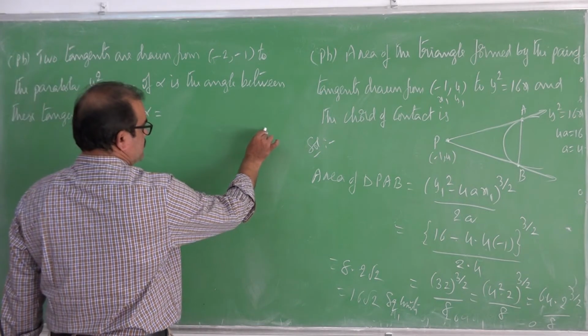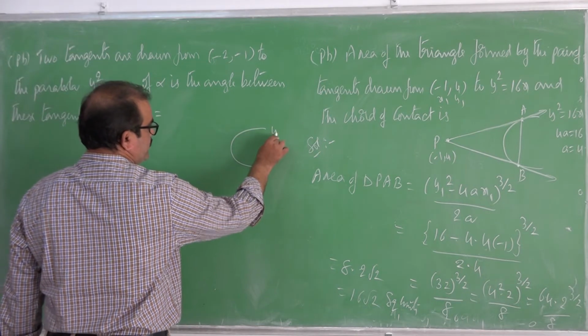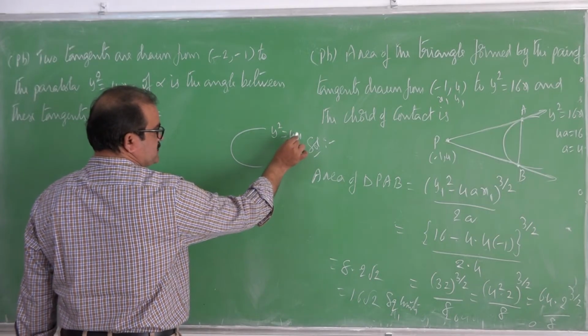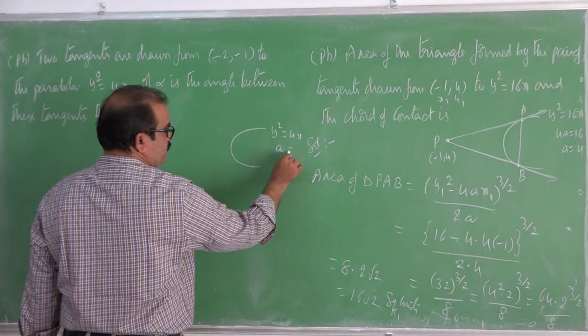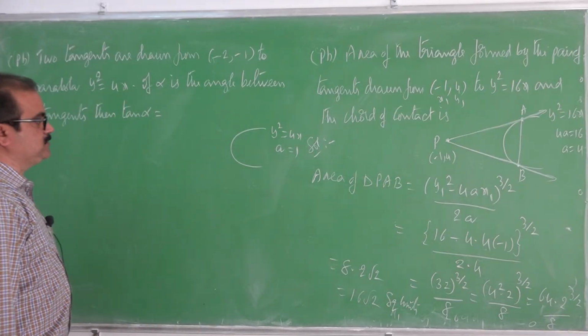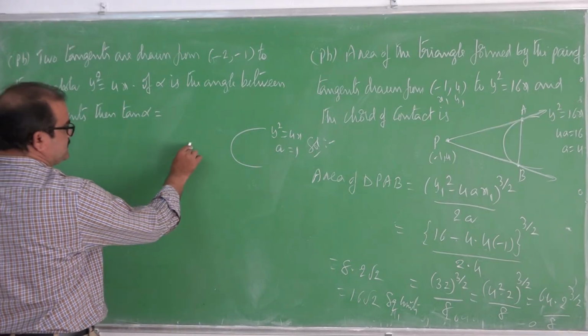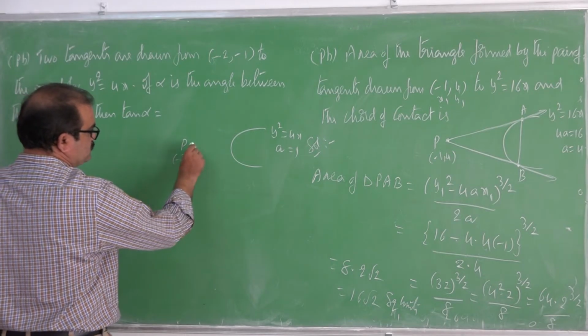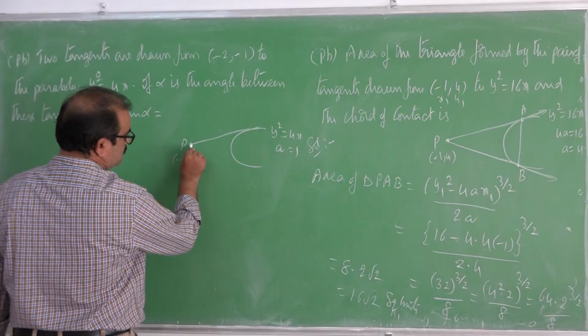what is the given parabola? y square is equal to 4x. It is in the form of y square is equal to 4ax. 4a is equal to 4, so a is equal to 1. Two tangents are drawn from the point (-2, -1) to this parabola.